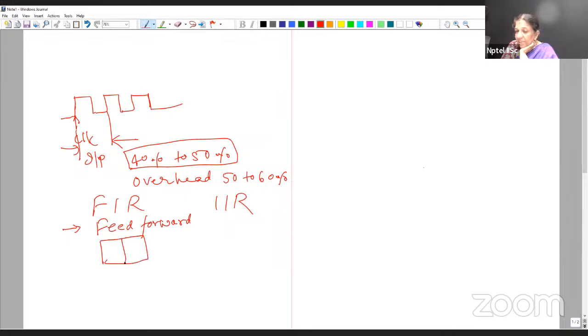If I have my feed forward circuit, sorry, I'm putting it in FIR, y of n will be B naught into x of n, plus B1 into x of n minus 1. If I take the second order, this will be your circuit.